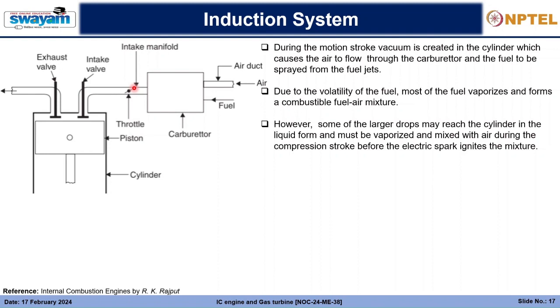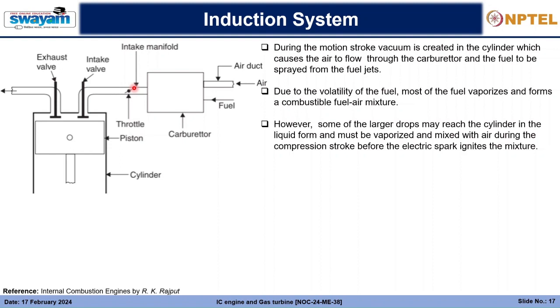For a partially vaporized fuel, there will be some amount of fuel in liquid form, and if we try to ignite the liquid form, it will take a higher time. It will actually not ignite, so we need to vaporize the liquid fuel into vapor form and homogeneously mix it with the air.